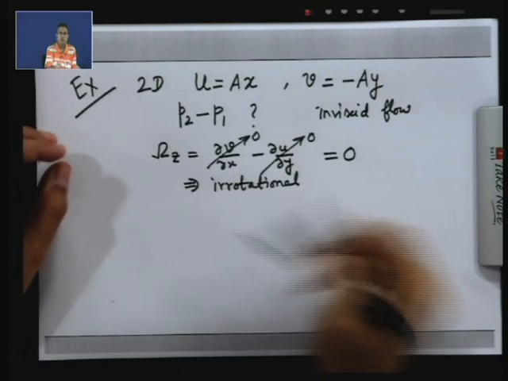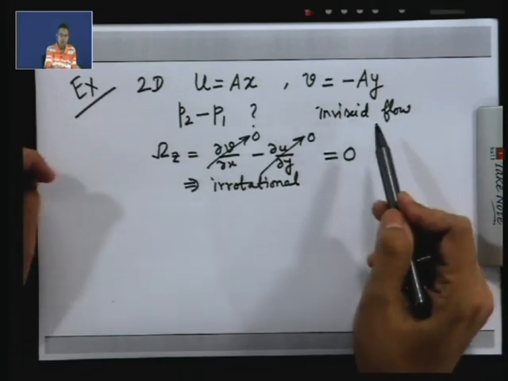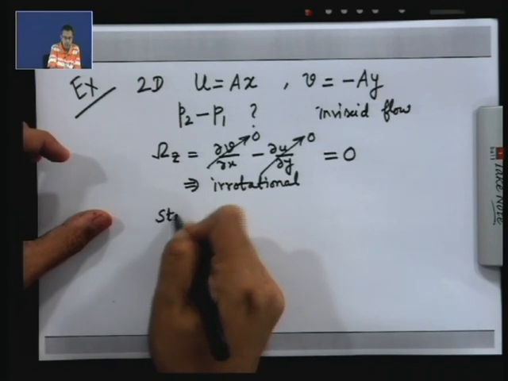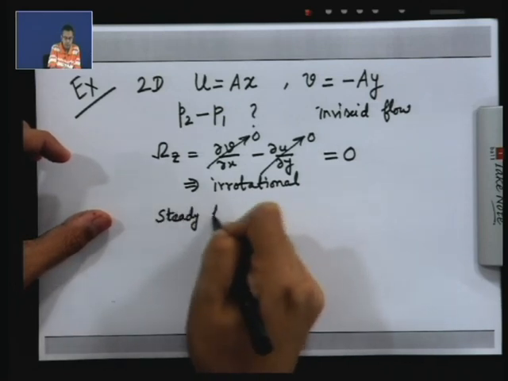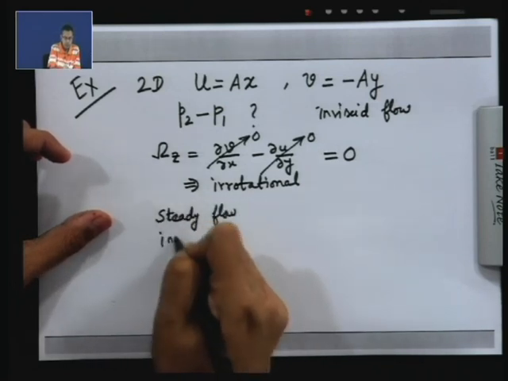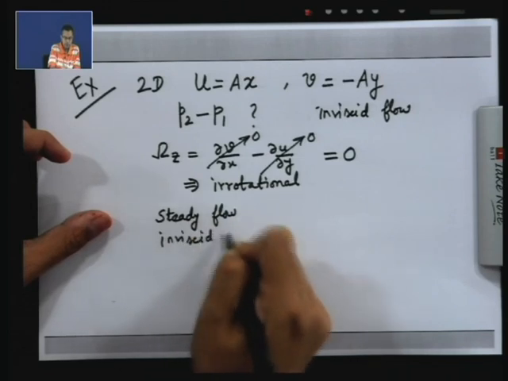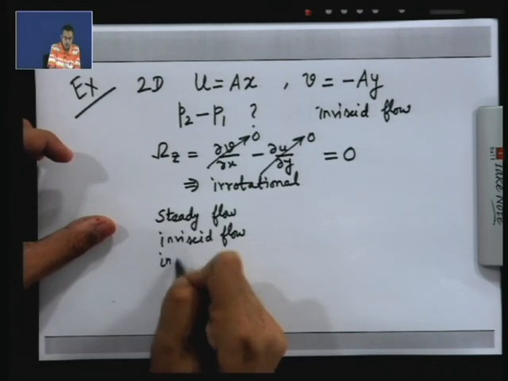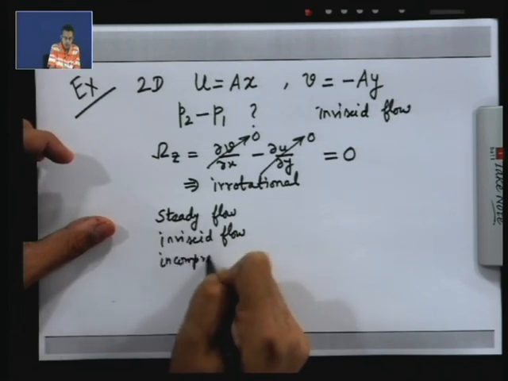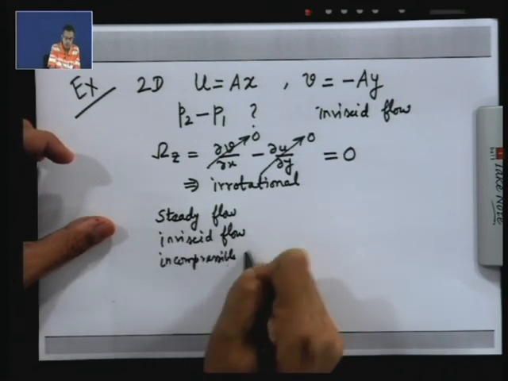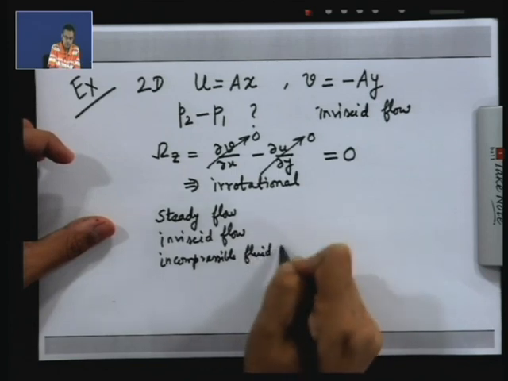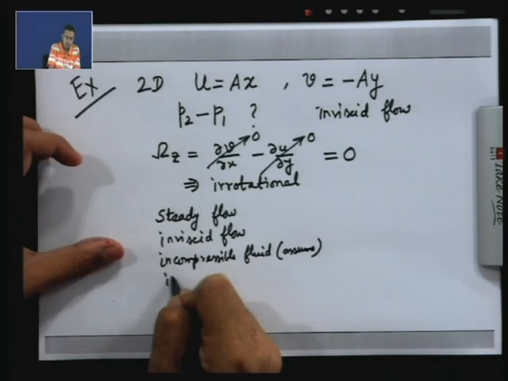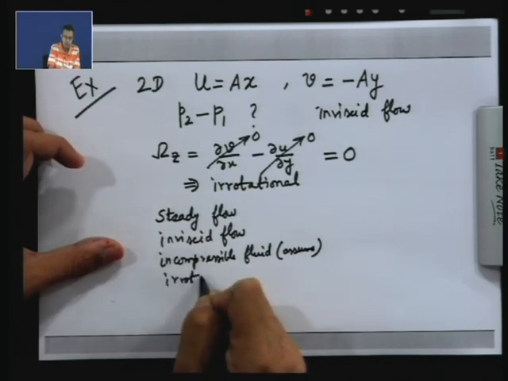So when you have inviscid flow, what are the assumptions that we have which are valid here? Steady flow, inviscid flow, incompressible fluid we are assuming, and irrotational flow is justified from the given velocity profile.